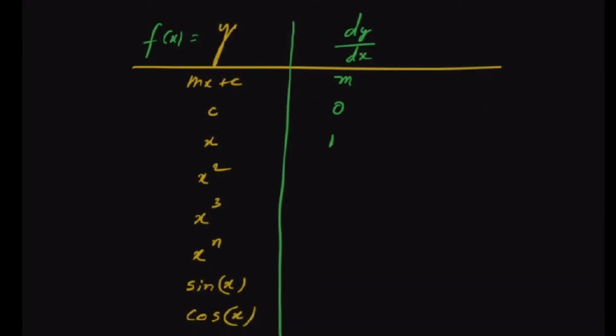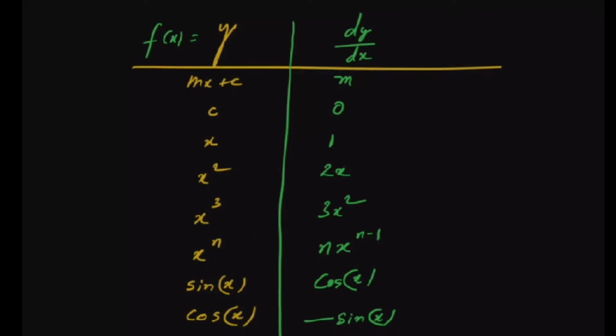And what was the derivative of x squared? It was 2x. What was the derivative of x cubed? It was 3x squared. And x power n was n times x power n minus 1. We derived this too. And what was the derivative of sin x? The derivative of sin x was cos x. And what was the derivative of cos x? It was minus sin x, correct?